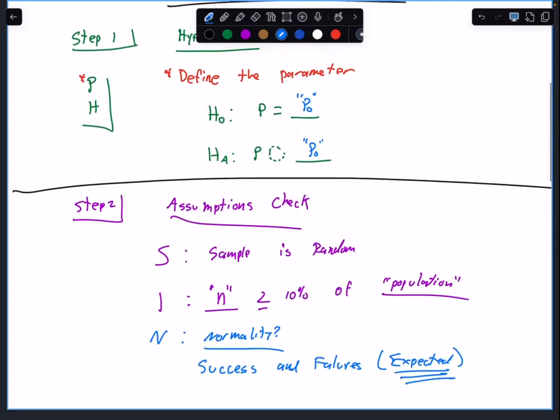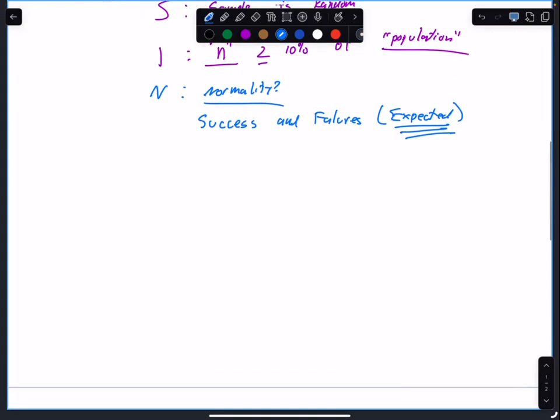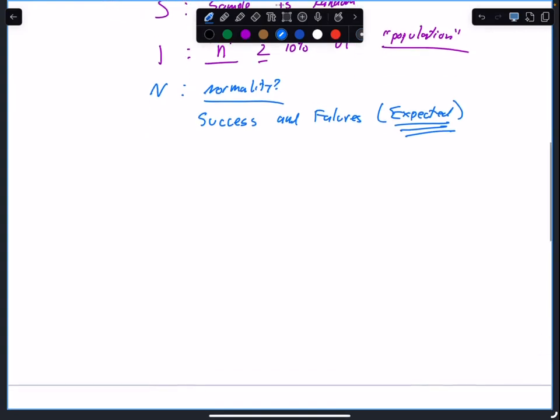Based on our null hypothesis, based on what is believed to be true, is what we look at. And so as such, this formula is N times P0 must be at least 10, and N times 1 minus P0 must be at least 10.